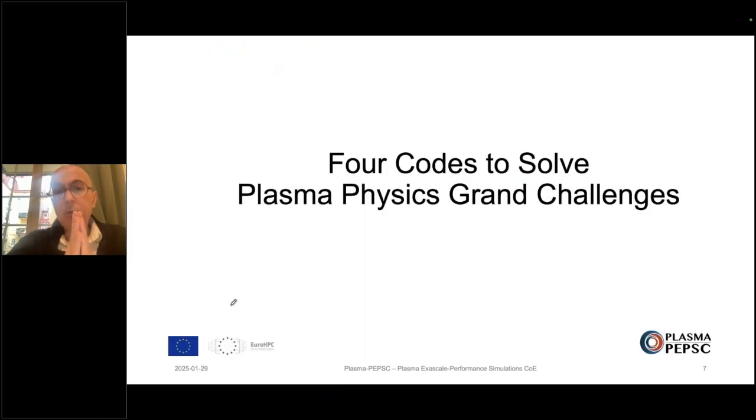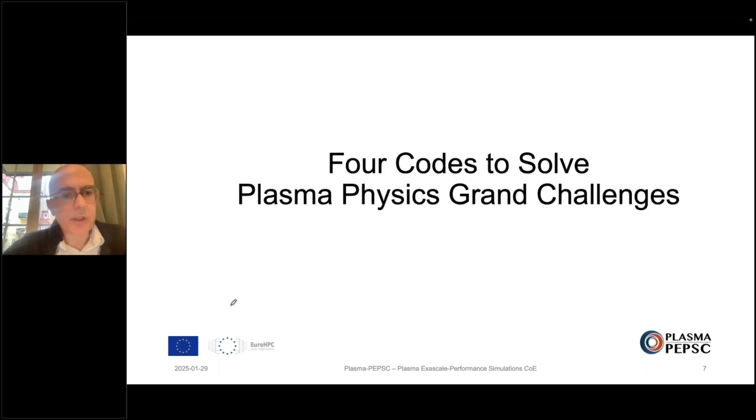As I said, we have 4 codes. The preparation and optimization of these 4 codes in the Center of Excellence are driven by solving these plasma physics grand challenges. So we are monitoring the advancement with the figures of merit in each of these 4 grand challenges.